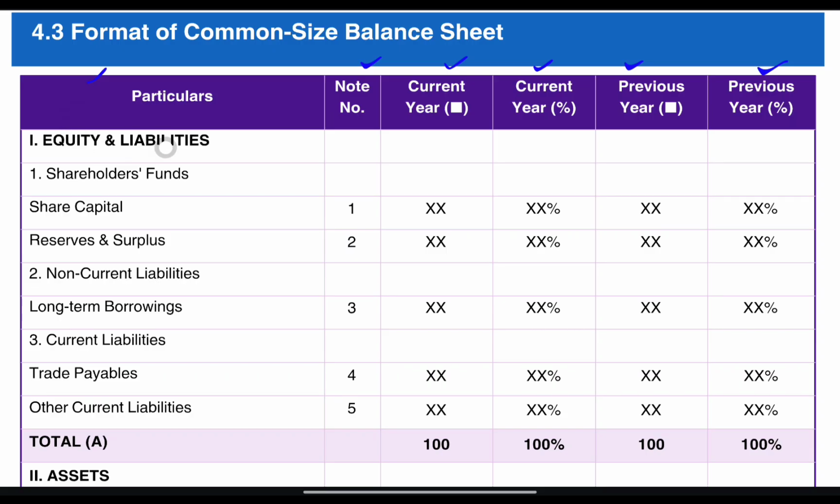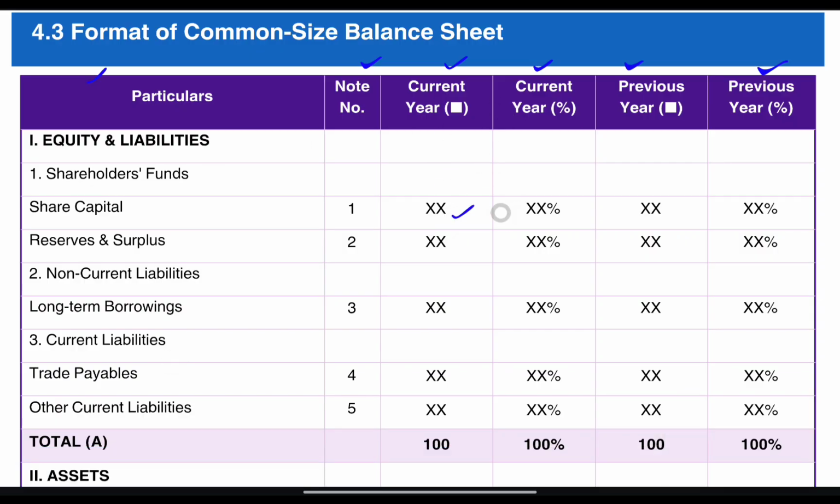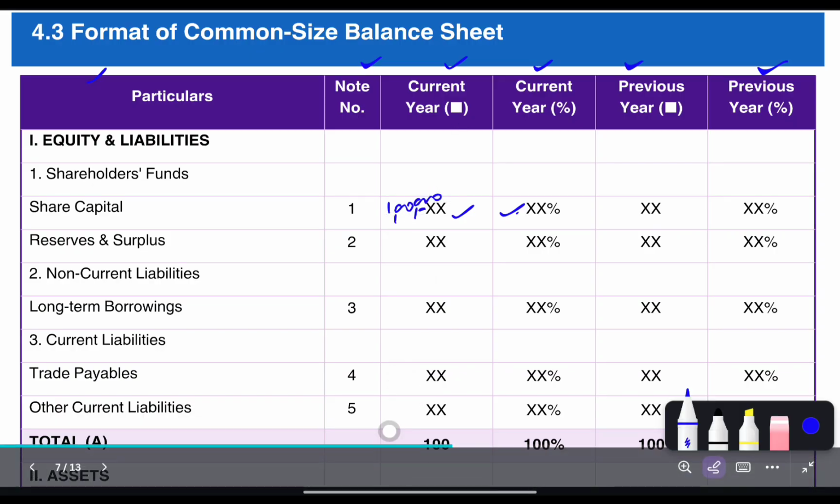So firstly, equity and liabilities, in shareholders' funds, non-current liabilities, current liabilities, reserves and surplus, all these are headings and subheadings. You have to write current year data, then current year percentage. How will we calculate the current year percentage? I told you the formula above. Suppose this particular item is 1 lakh and total assets are 10 lakh.